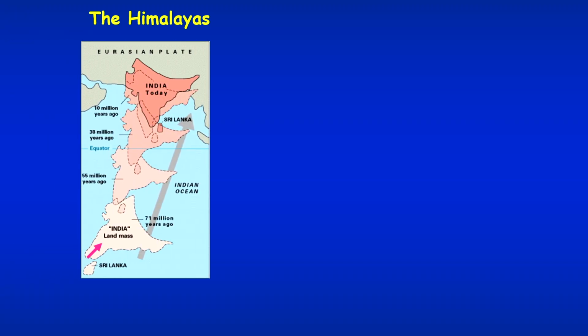So the Himalayas, again the story starts from the drifting of the Indian landmass, which was located far away down south of the equator, and it moved again. This shows that there was a change in the direction of motion. Okay.